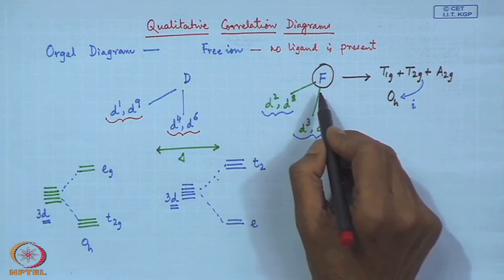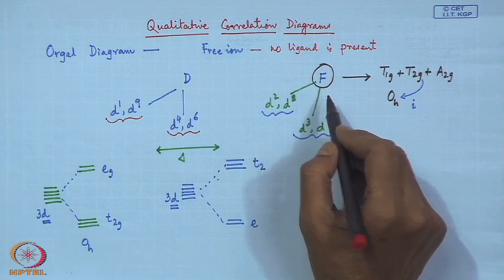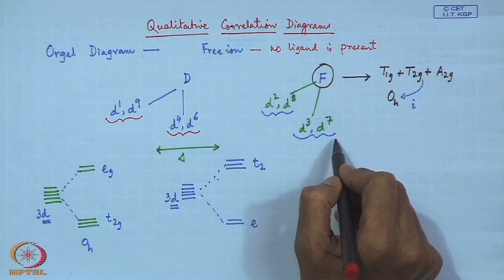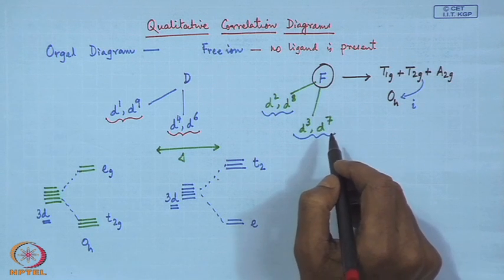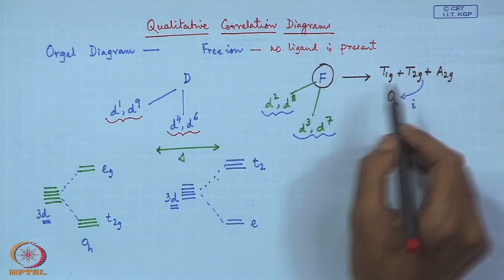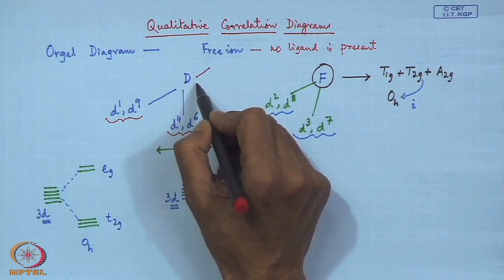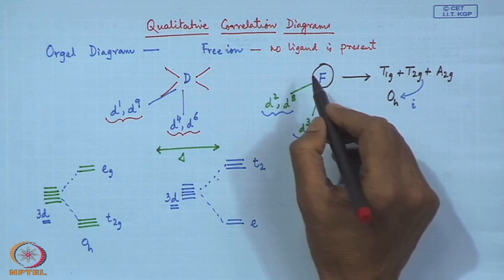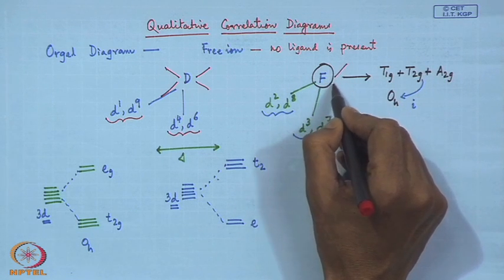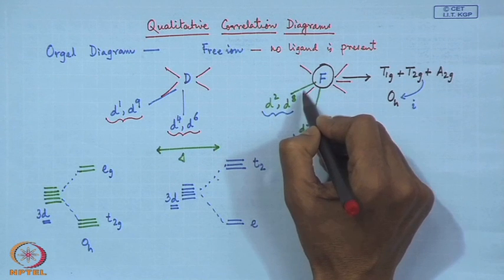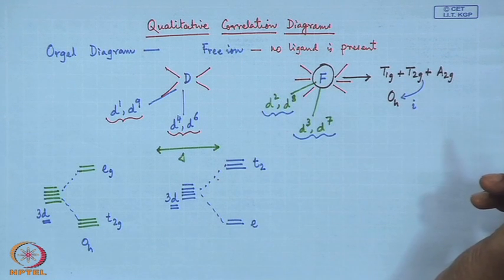So, whenever we have the F term, whether it is for D2 or D8 electronic configuration or D3 or D7 electronic configuration, they will have the corresponding splitting. Like the splitting of these D levels on the left and on the right, similarly here we will have splitting into 3 levels on the left and 3 levels on the right also.